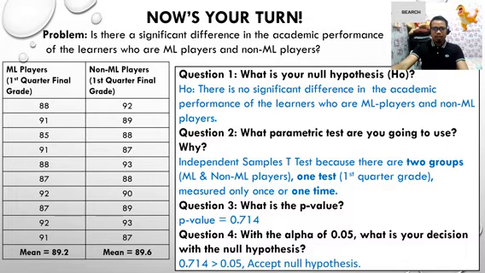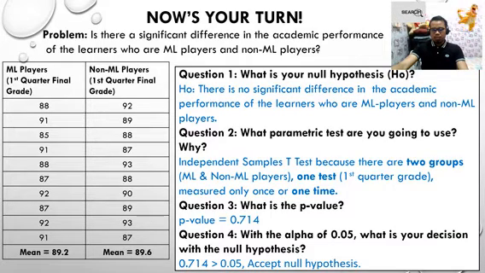So that's independent samples t-test. And what is the p-value? So I hope you're good already in using the statistics calculator. And the result is the p-value is equal to 0.714. With the alpha of 0.05, what is your decision with the null hypothesis?